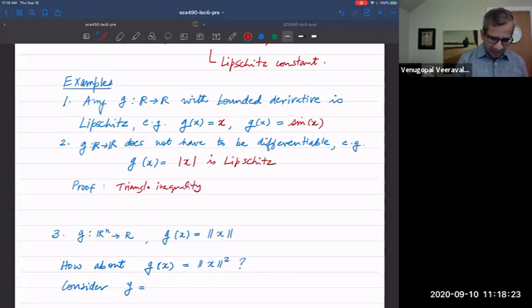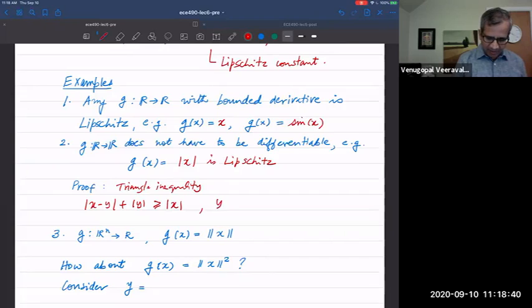Basically, if you look at the absolute value of x minus y, plus the absolute value of y, x minus y plus y is x. So this has to be greater than or equal to the absolute value of x by the triangle inequality.